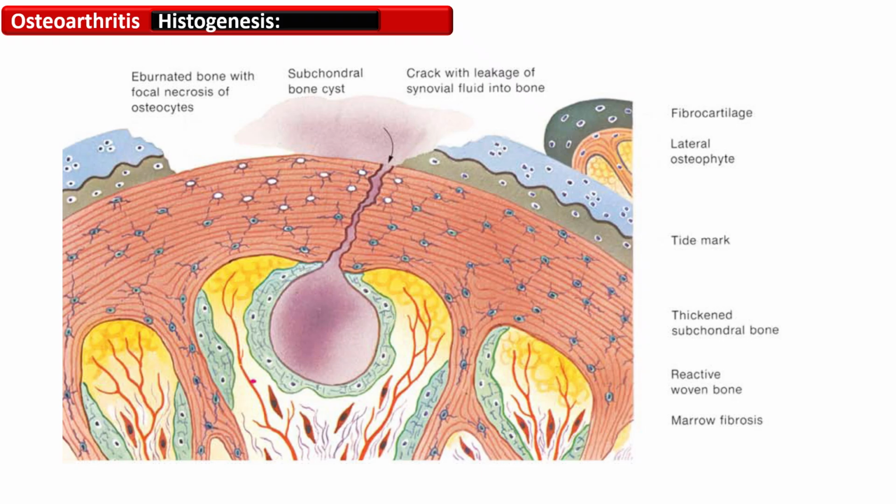This fibrocartilage is mechanically unstable, so it disappears progressively, and the underlying bone is exposed and thickened. If there is any crack in the bone, there is leakage of the synovial fluid, which initiates the formation of subchondral bone cysts.